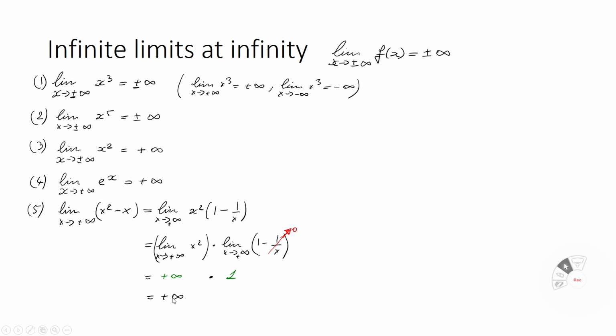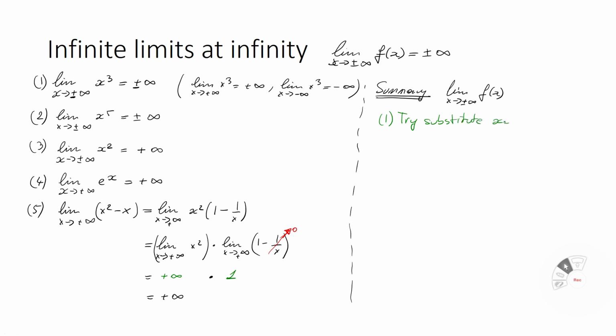So to summarize, if you have to calculate infinite limits, there are a couple of things that you can try. The first thing that you can do is try just substituting the value plus or minus infinity and see if that makes sense.